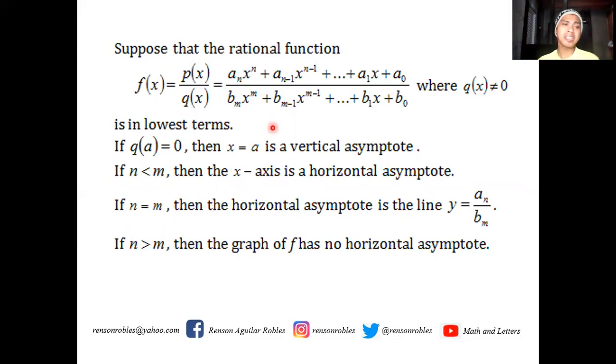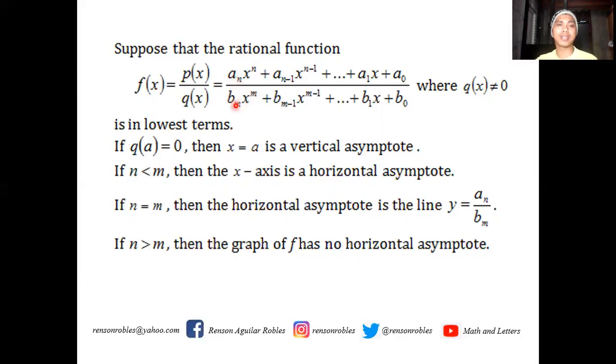Okay. If q of a equals 0, then x equals a is a vertical asymptote. Okay, next. If n is less than m, meaning the degree of the numerator is less than the degree of the denominator, then the x-axis is a horizontal asymptote. Next, if n equals m, then the horizontal asymptote is the line y equals a sub n over b sub m, meaning we just get the coefficients of x to the n and x to the m.